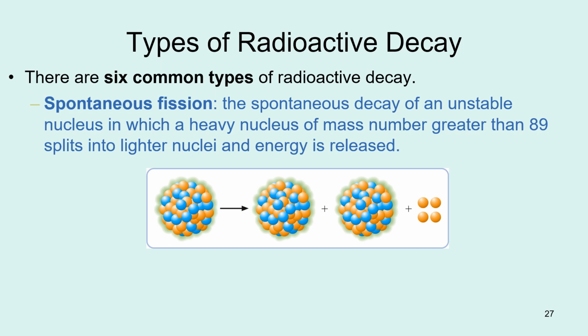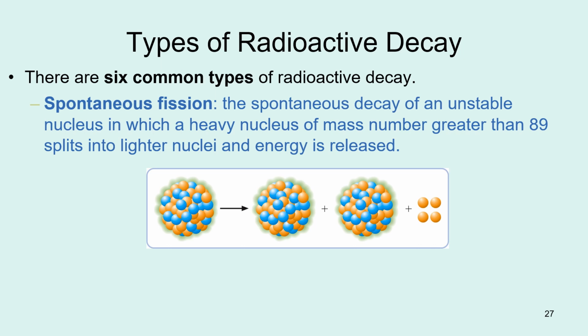One other that I want you to know is spontaneous fission. Fission is when an unstable nucleus breaks apart into two lighter nuclei, but they're not an alpha particle or a beta particle.